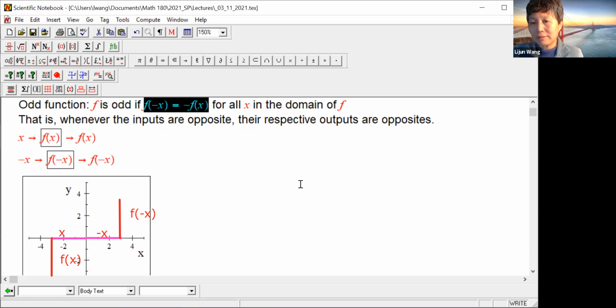Do such functions exist? Of course, they do exist. Each one of the functions in basic one can be classified into these three categories. So I want you to go down the list to identify more even functions, more odd functions, whichever way is easier for you.